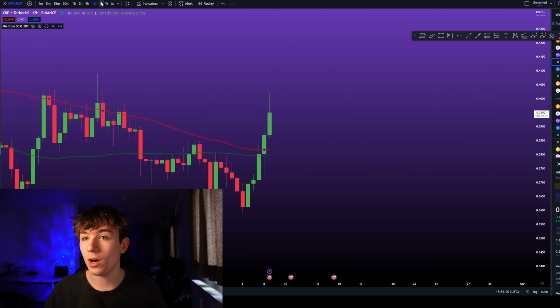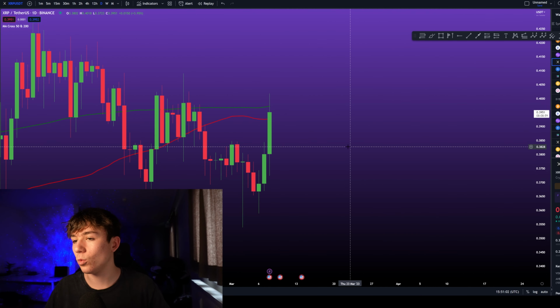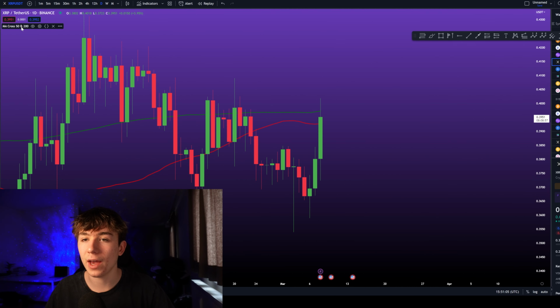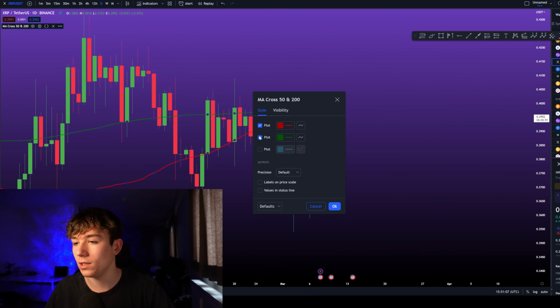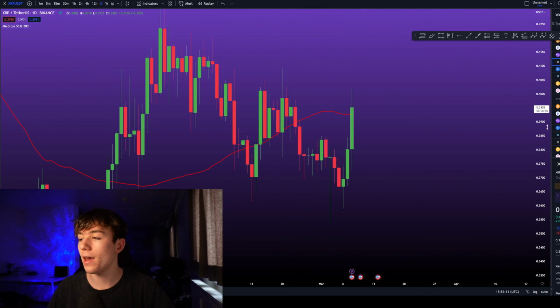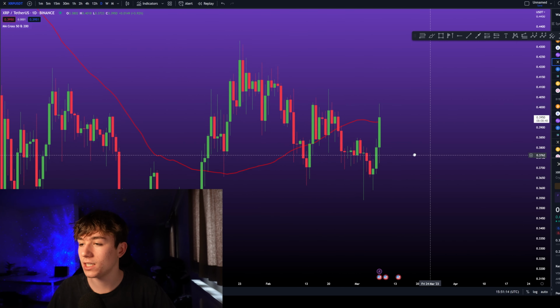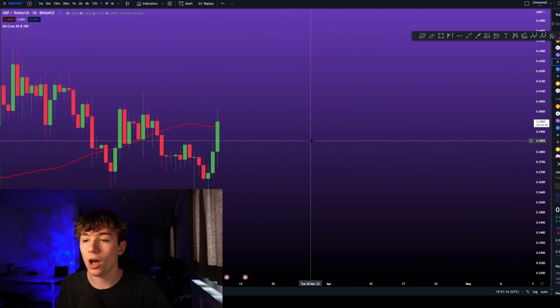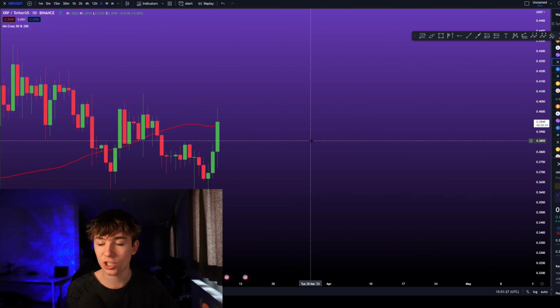Okay, so let's say we are on the daily time frame and we use the 50 moving average. So let me just quickly deselect the 200 one. This red line is the 50 moving average, and what it basically does is it takes the last 50 candles, and because one candle is 1 day, because we're on the daily time frame, it takes the last 50 days of price action, the closing price of each day, adds it all up and divides it by 50.